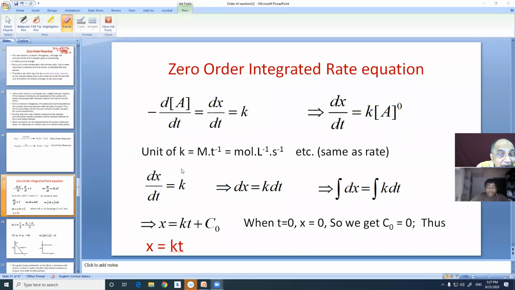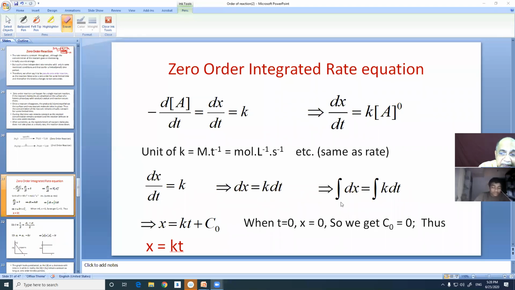So the unit of k in this case is the same as the unit of rate. This is the only case where rate and rate constant have the same unit, molarity time inverse. And let us do some kinetics. dx by dt is equal to k. This term becomes equal to 1. Then dx is equal to k into dt.